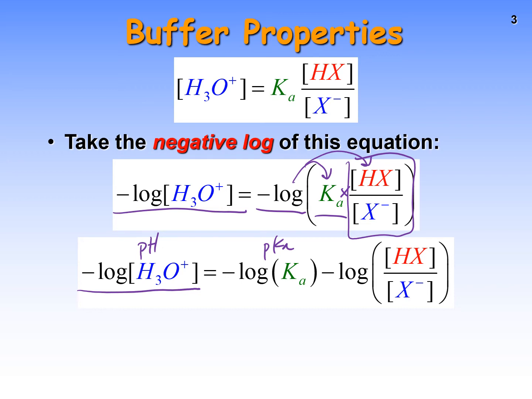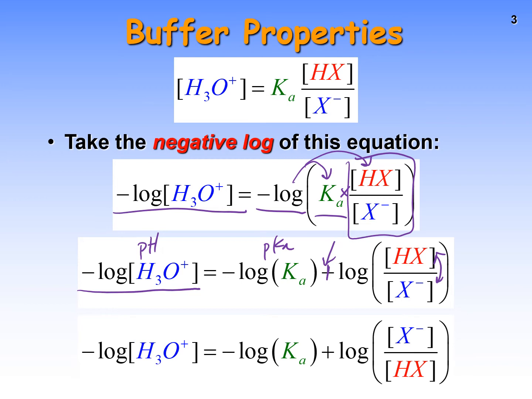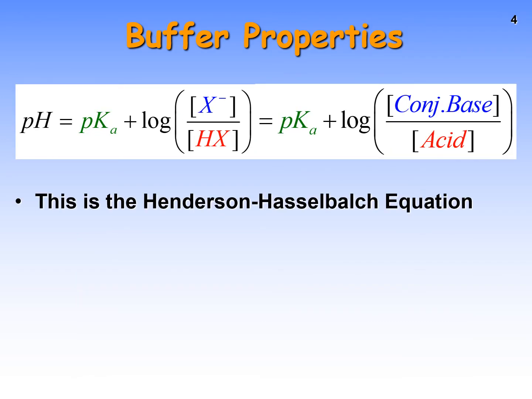And then for whatever reason, they like plus signs better here. So if we want to make this a plus, we just need to flip these two according to a log rule, and that's what I'm going to do. That gives us this expression, which is really just pH equal to pKa plus all that. This is known as the Henderson-Hasselbalch equation.